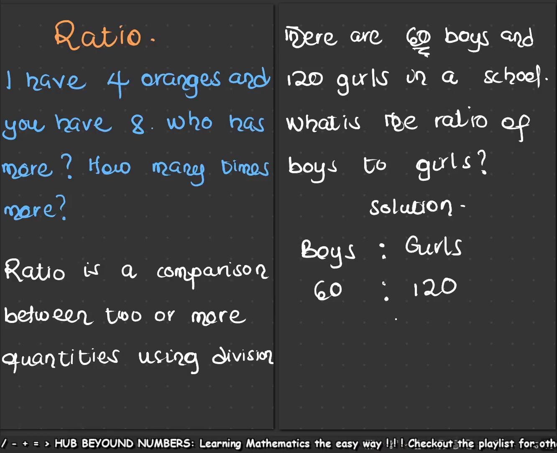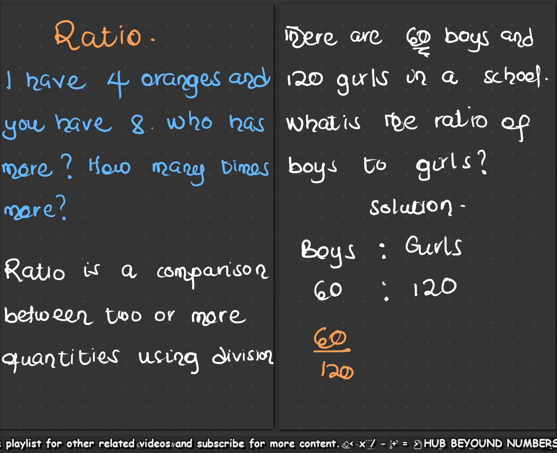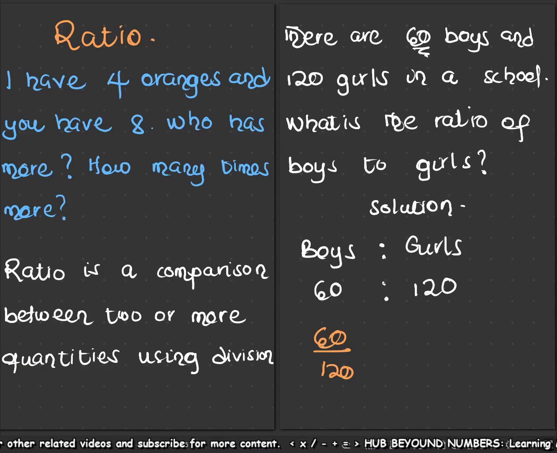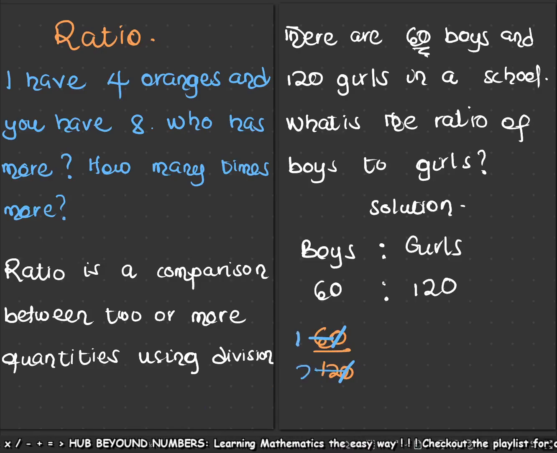There is something we call simplification of ratio. Just as we are able to simplify fractions, we can also simplify ratio. If you want to simplify a ratio, it's best you put it in fraction form. You have 60 over 120. Then you just divide by their highest common factor, or any way you choose to simplify it. Cancelling the 0, then 6 into itself once, and into 12, twice.